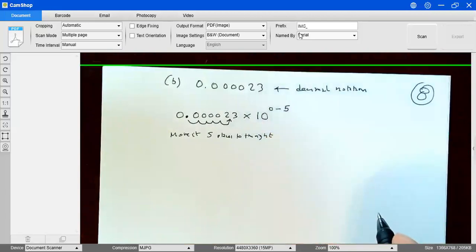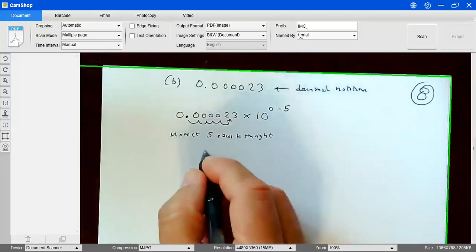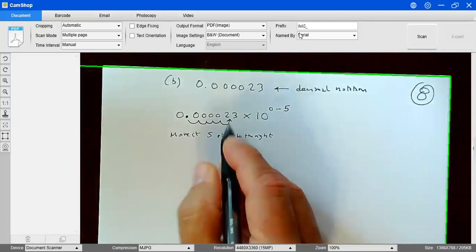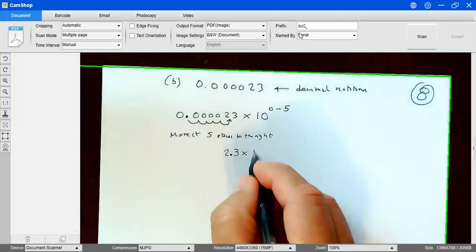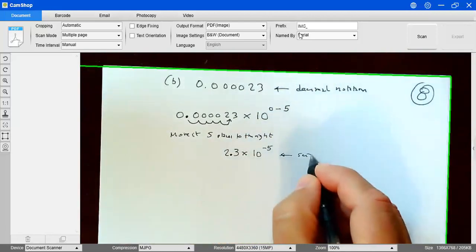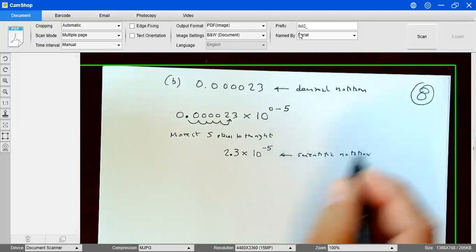That's the rule. If you move to the right, you subtract. If you move to the left, you add. So what is the final number? It's going to be 2.3, because now the point is between 2 and 3, times 10 to the negative 5. So that's the number written in scientific notation.